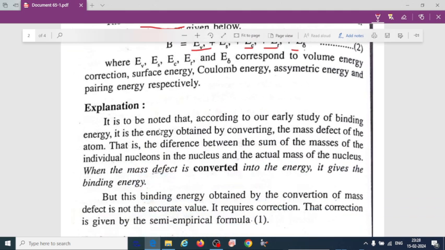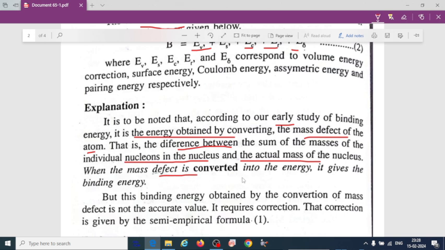According to our earlier study, the binding energy is the energy obtained by converting the mass defect of the atom. You should understand that definition: the difference between the sum of the masses of the individual nucleons in the nucleus and the actual mass of the nucleus is what we call mass defect.